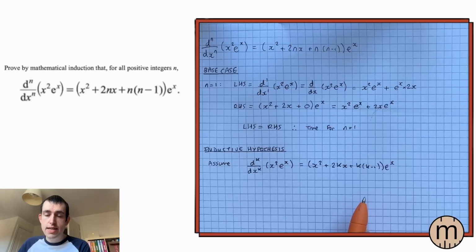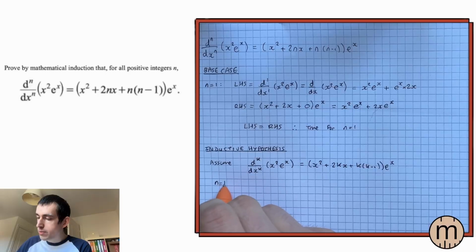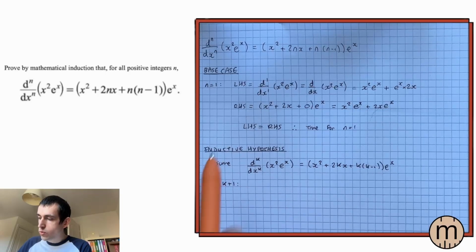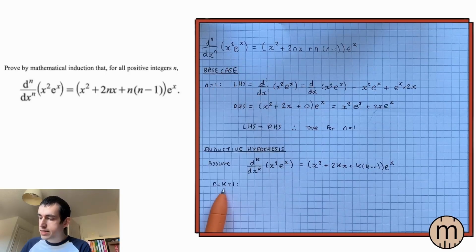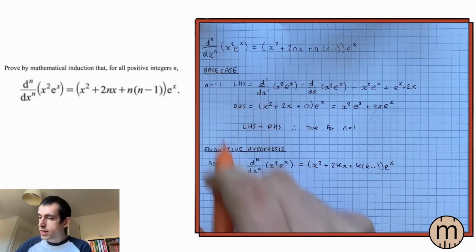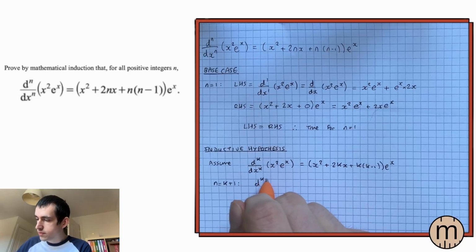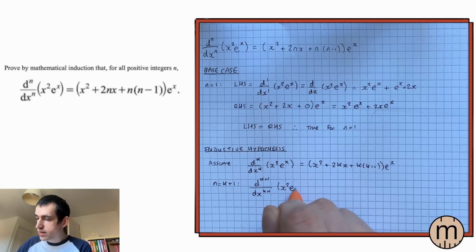Essentially, I've written the same thing again, but we're changing all the n's to k's. Now, we want to think about what happens when n, the original n, is k plus 1, so it's 1 higher. Well, let's think about the left-hand side. We'll be looking at the k plus 1th derivative of x squared e to the x.